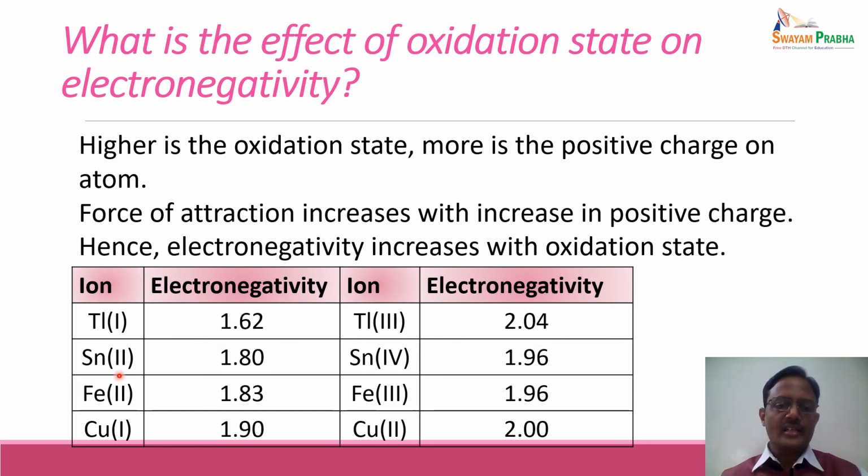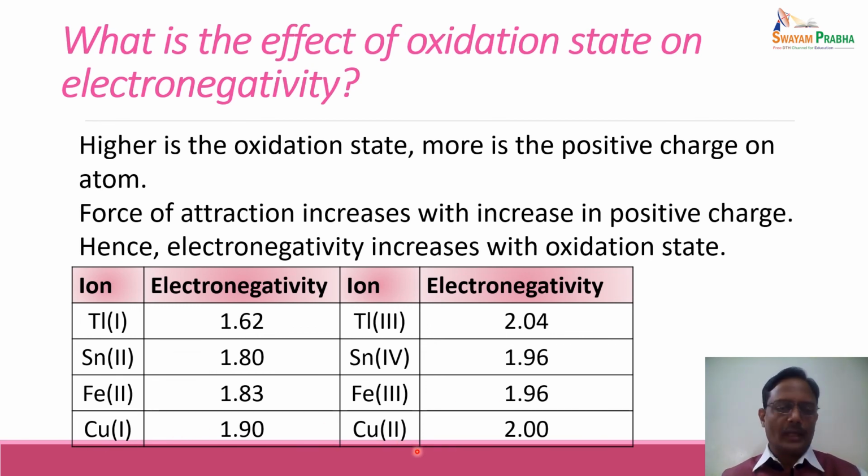Similarly, stannous and stannic, Sn2 positive and Sn4 positive. Sn2 positive has an electronegativity of 1.8, whereas Sn4 positive has 1.96. Ferrous and ferric: ferrous, Fe2 positive, has 1.83 and ferric, Fe3 positive, has 1.96.